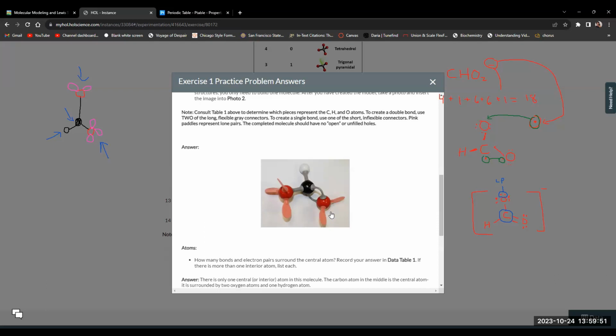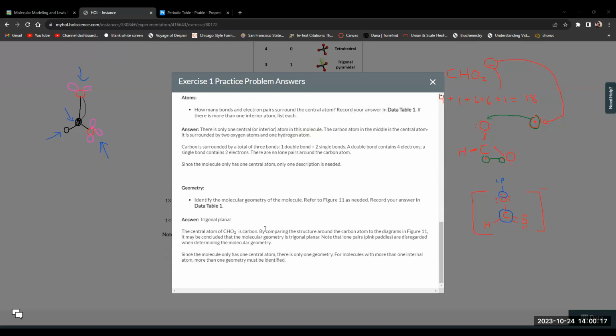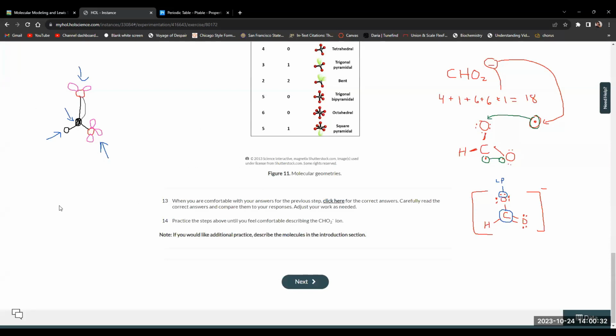So I guess you're supposed to have two lone pairs on the structure and not just a single one. And then trigonal planar.